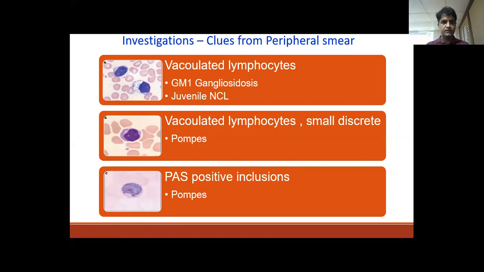These are large vacuolated lymphocytes. And on the next one, you see in Pompe's, there are discrete, only small vacuoles. PAS-positive inclusions are seen in Pompe's.